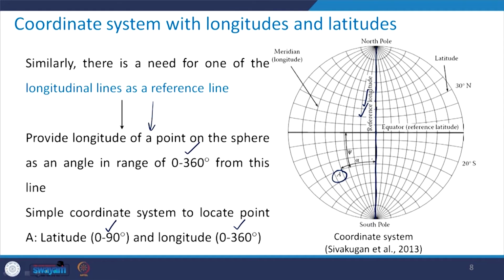When you measure along this, this alpha is giving you the longitude, and psi, that we are representing dip by this angle psi, that will be latitude.